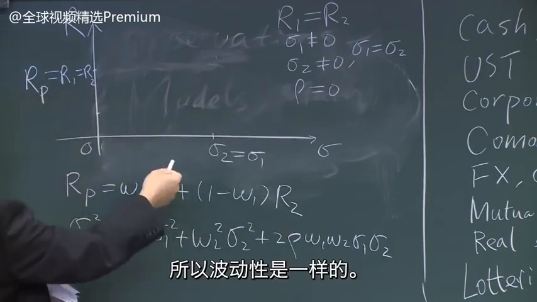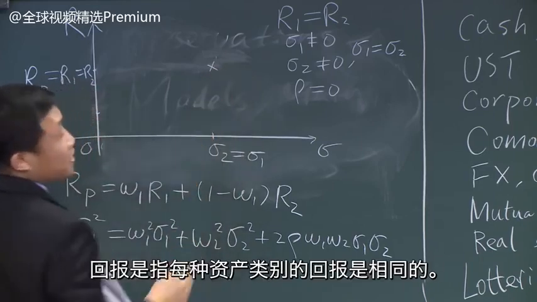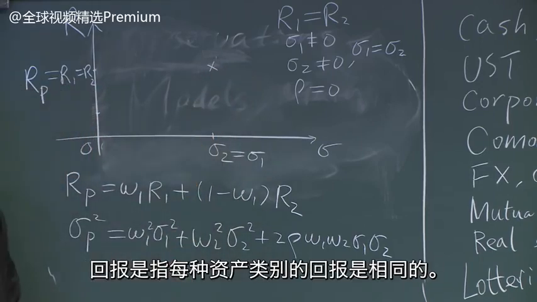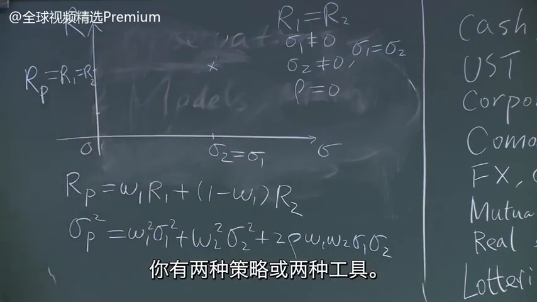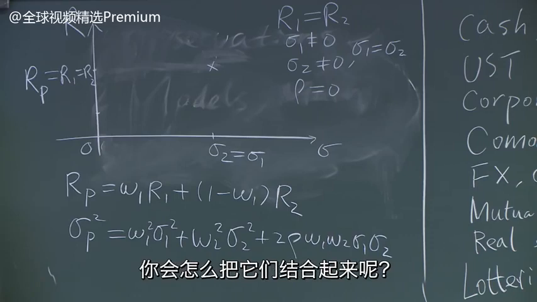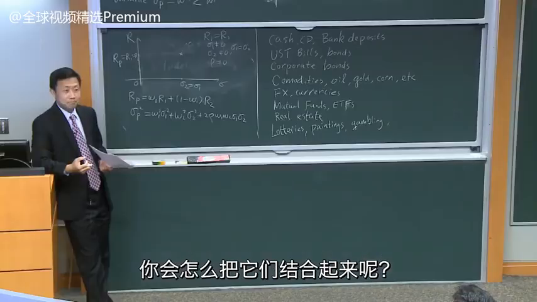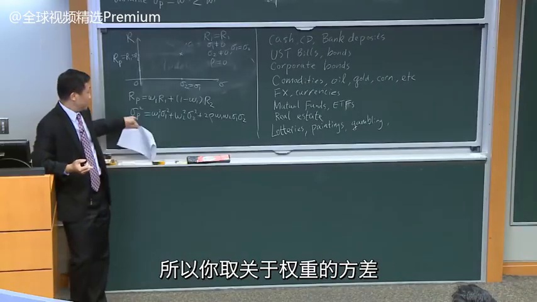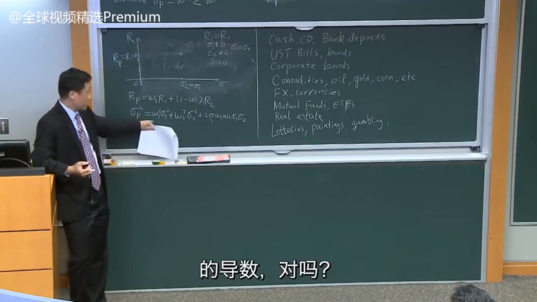So volatility is the same. Return is also the same for each of the asset classes. You have two strategies or two instruments. They are zero correlated. How would you combine them? So you take the derivative of this variance with regard to the weight, right?